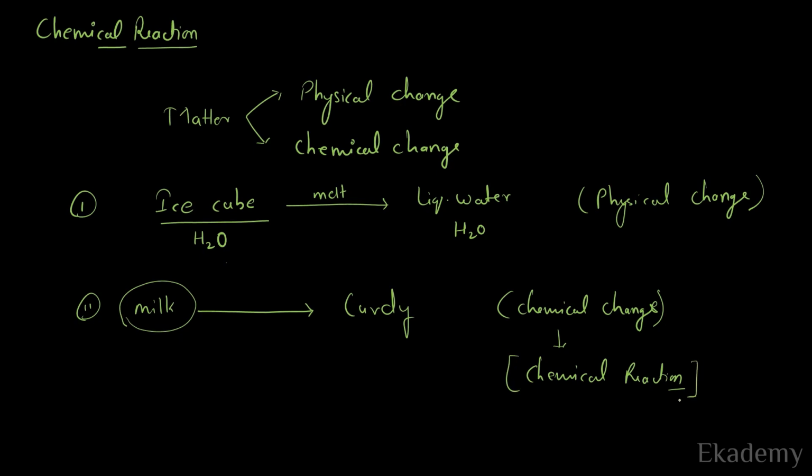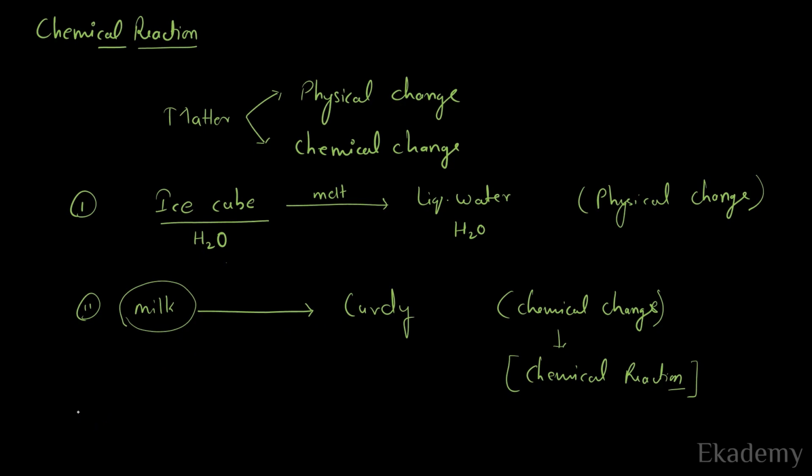So chemical reaction is a process. Basically, it is a process in which one substance loses its identity and forms a completely new substance. Or you can also define it like this, that chemical reaction is a process in which initial substance gets transformed into a new substance.